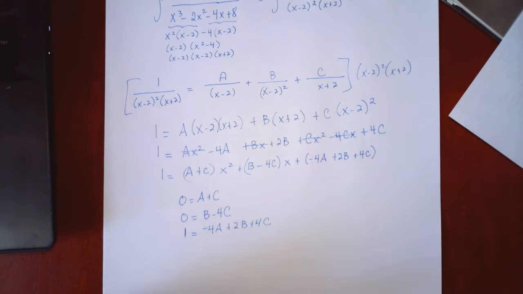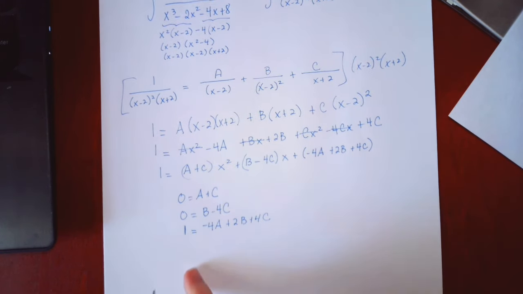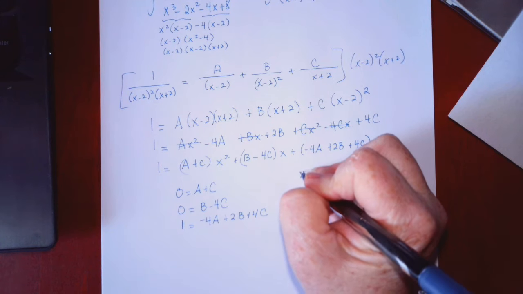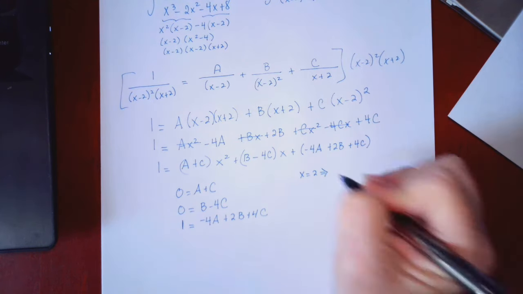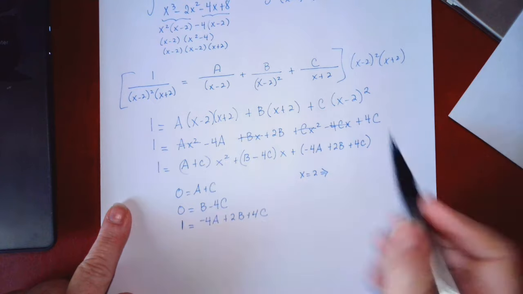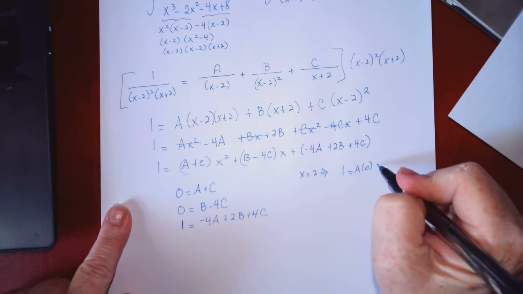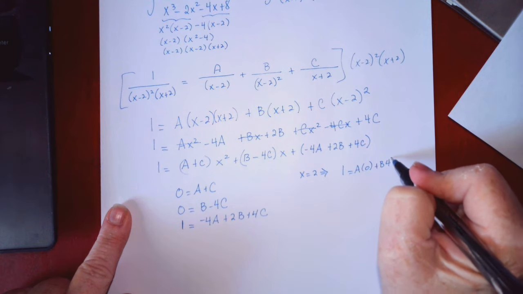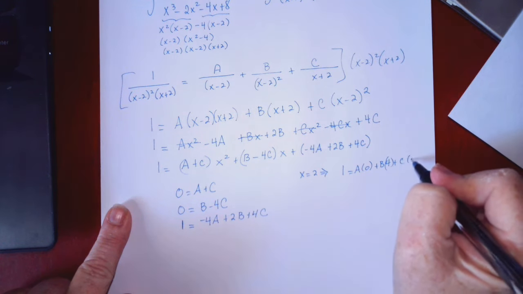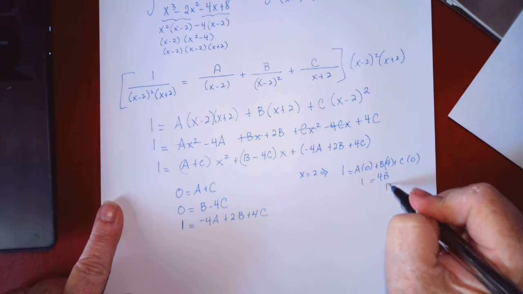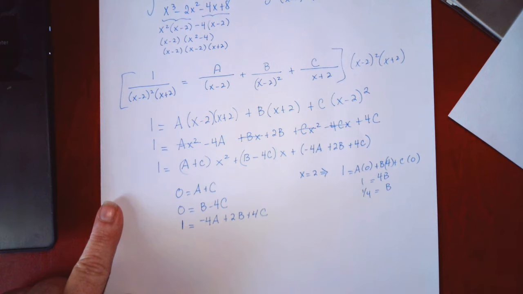And I could just go ahead and do a substitution and elimination on this one to find a, b, and c, but I can probably save myself a little work by going back up and saying, okay, if I let x equals 2, then this equation would become 1 is equal to a times 0 plus b times 4 plus c times 0. Or that would be 4b equals 1, so b is 1/4.